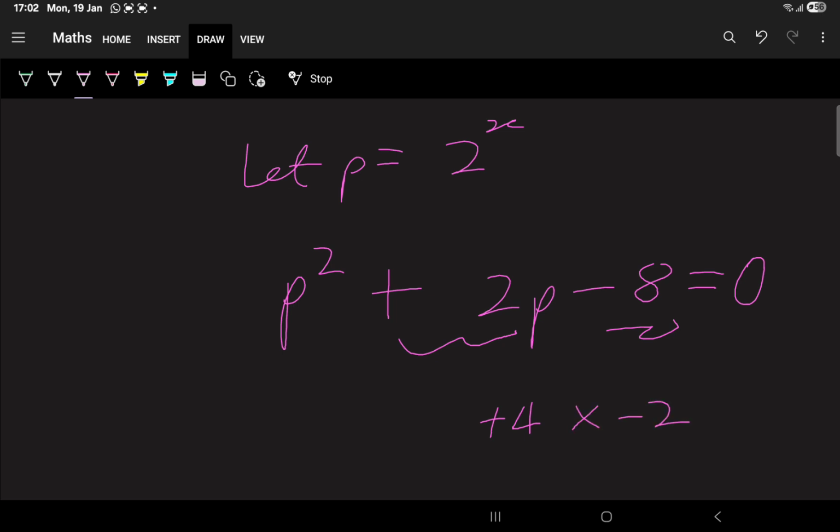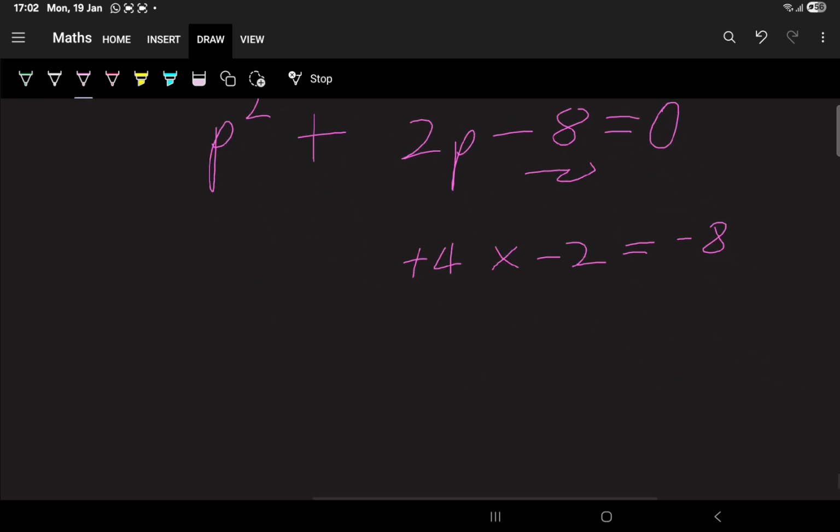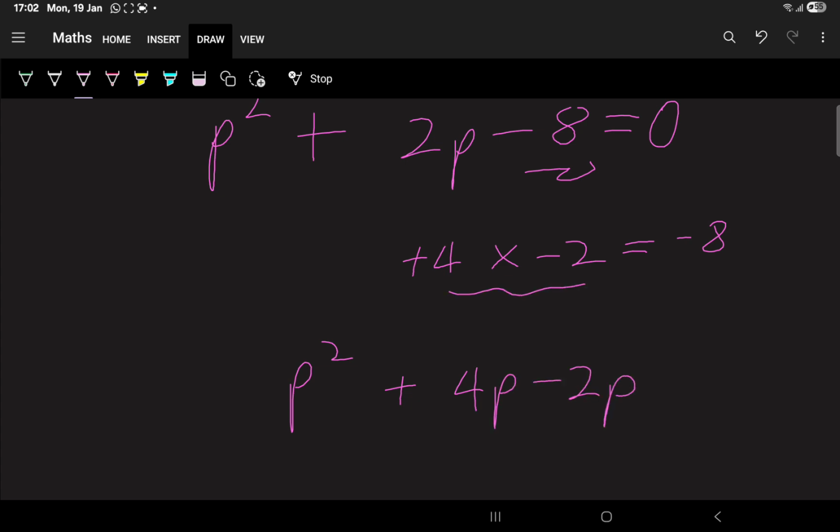Positive 4 times negative 2 will give me negative 8, and positive 4p minus 2p will give me 2p here. Now this will be p squared plus 4p minus 2p minus 8 equals 0.